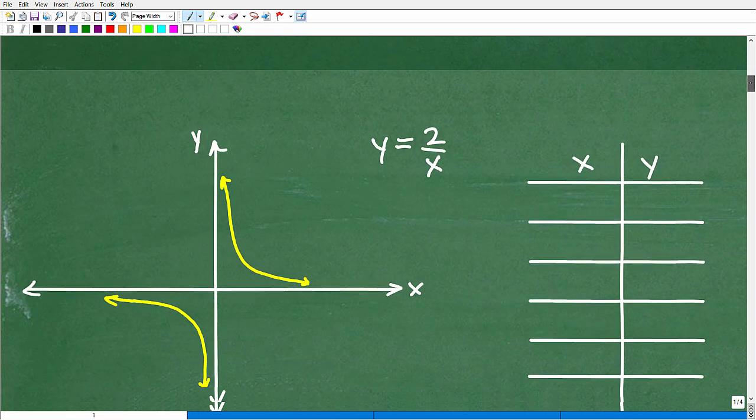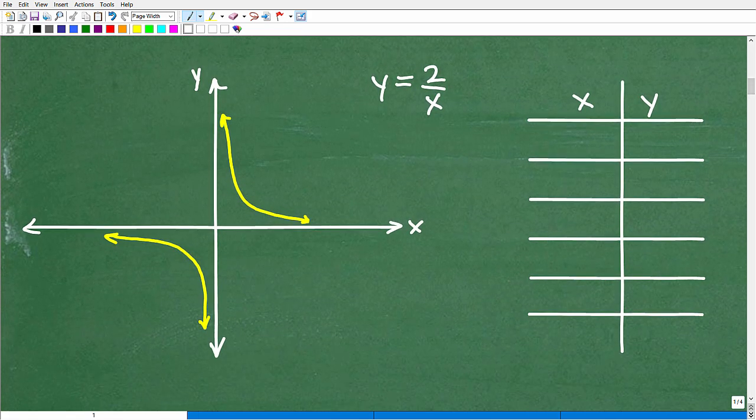Here is the graph right here. You can see I have 2 branches and they're approaching the y-axis and the x-axis, but they're not touching. So the x and y axis are acting as asymptotes. And how can I graph anything? Well, you can graph anything you are given by always constructing a table of values.